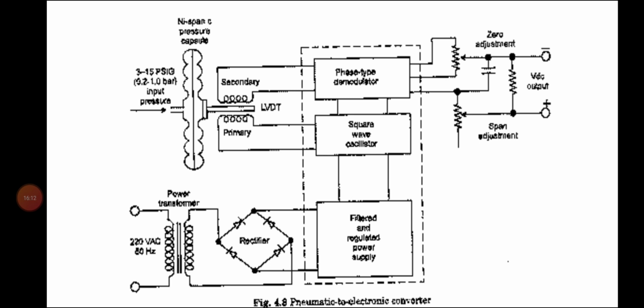This induced voltage is given to the phase sensitive demodulator. After demodulation, with zero adjustment and then span adjustment, we convert this pneumatic signal into a DC voltage output. So the DC voltage is directly proportional to the pressure applied on the capsule.